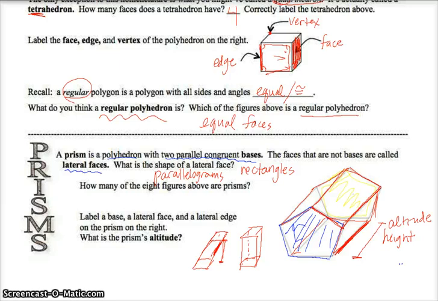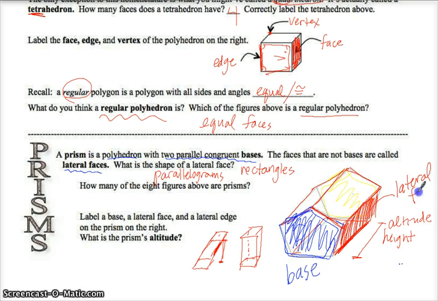Label a base, a lateral face, and a lateral edge. So this is a base right here in this picture. This blue pentagon is our base. The lateral face is going to be the rectangle, the red part.